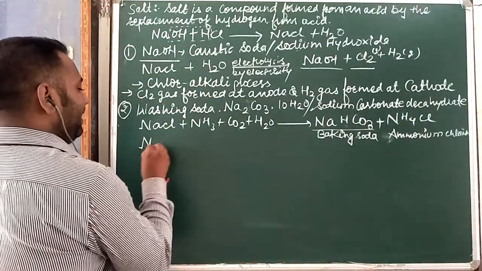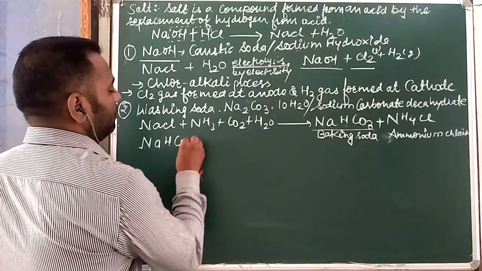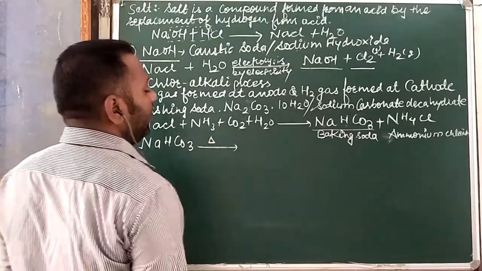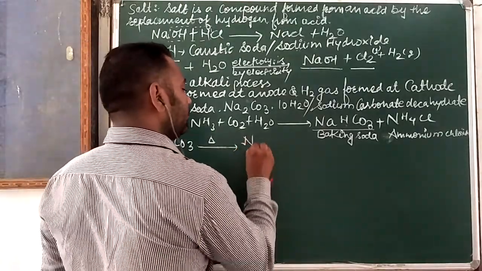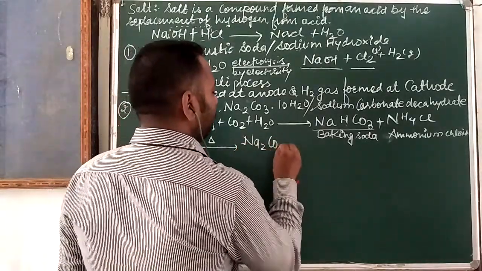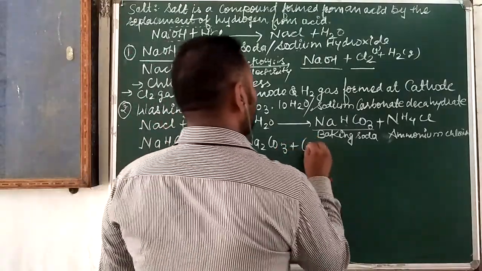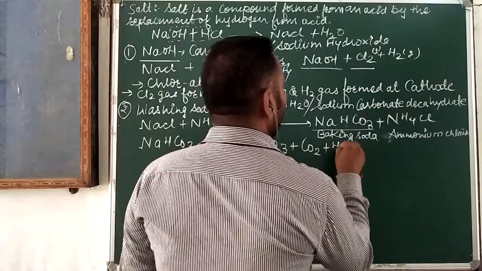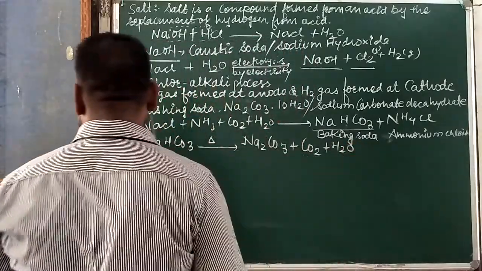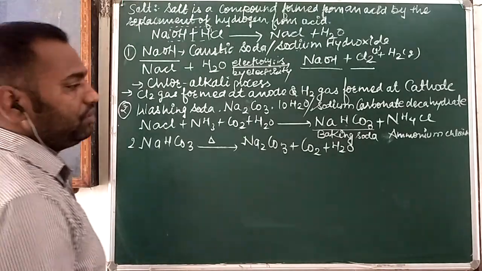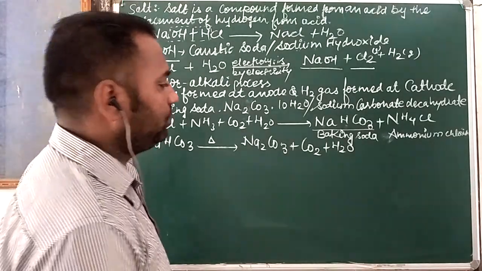And when this NaHCO3 is heated, then formation of Na2CO3 plus CO2 plus H2O. Maybe sometimes we have to balance these reactions. So 2NaHCO3 gives Na2CO3 plus CO2 plus H2O.